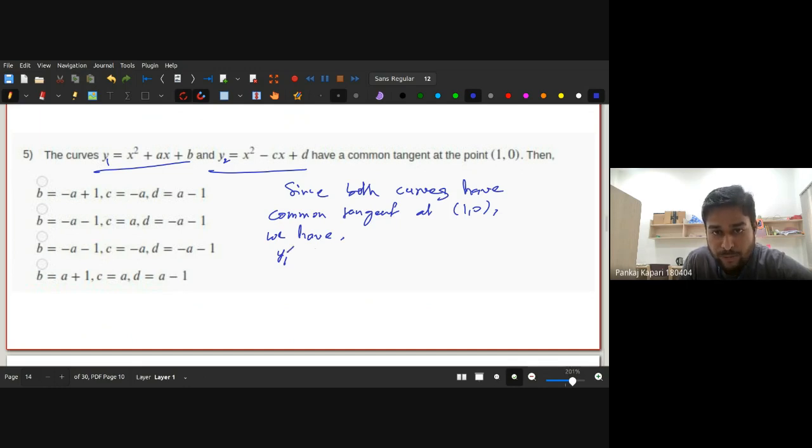That means y1 prime, the derivative at x equal to 1, must be equal to the derivative of y2 at x equal to 1, right? So this should hold.